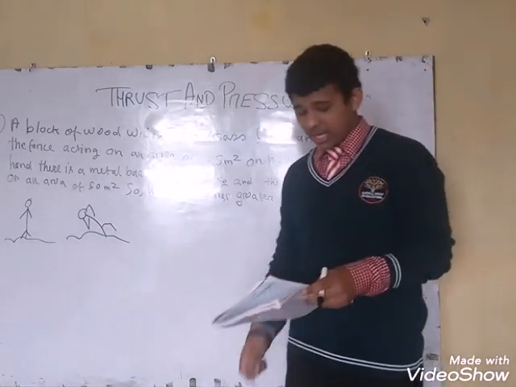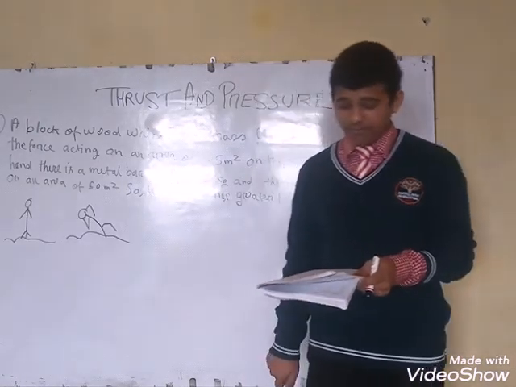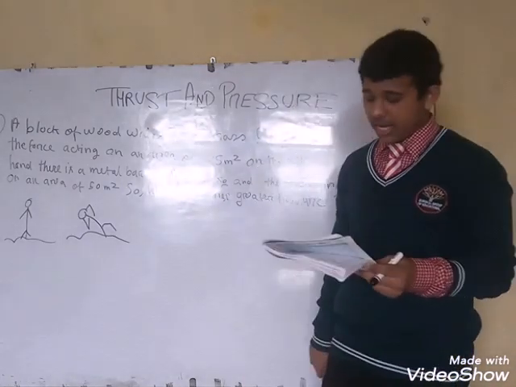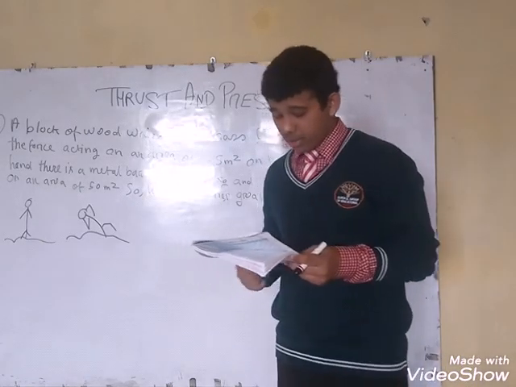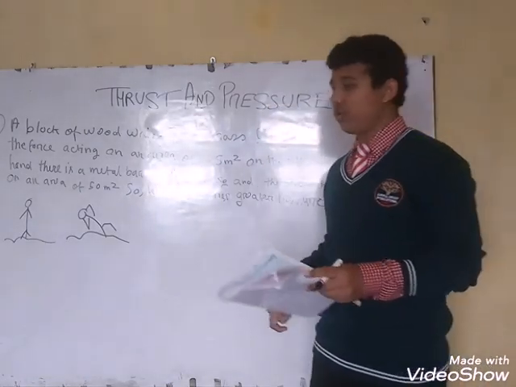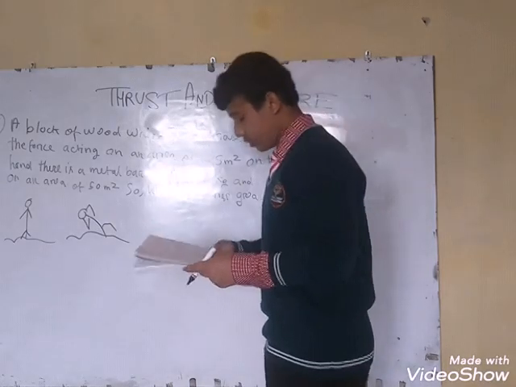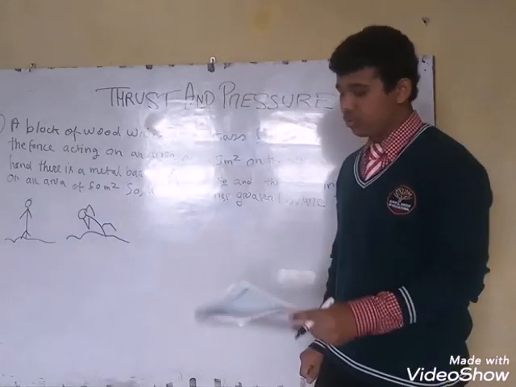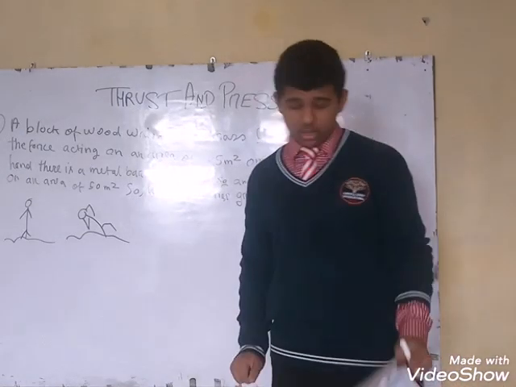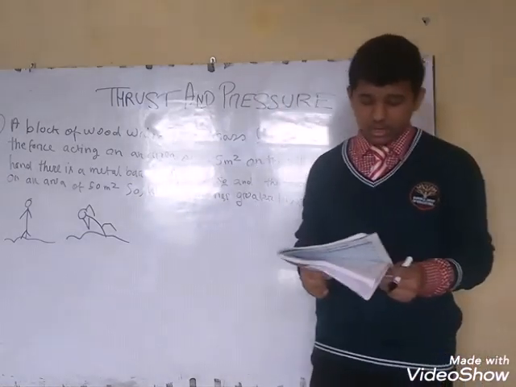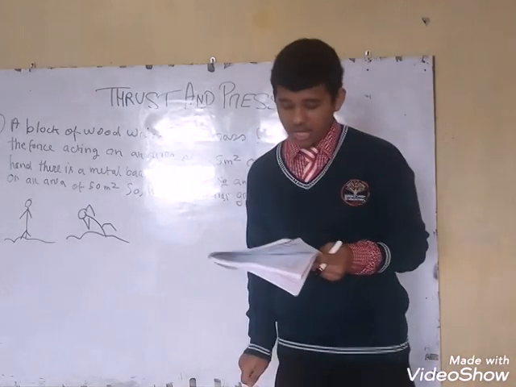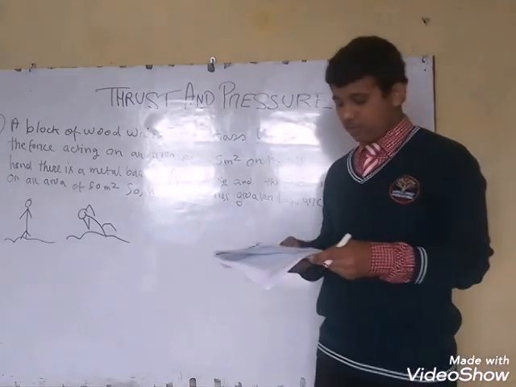When we lie down, the same force acts on an area equal to our whole body, so this generates less effect on the sand. So from examples 1 and 2, we get to know that the effect of the force, that is thrust, depends on the area on which the force acts.